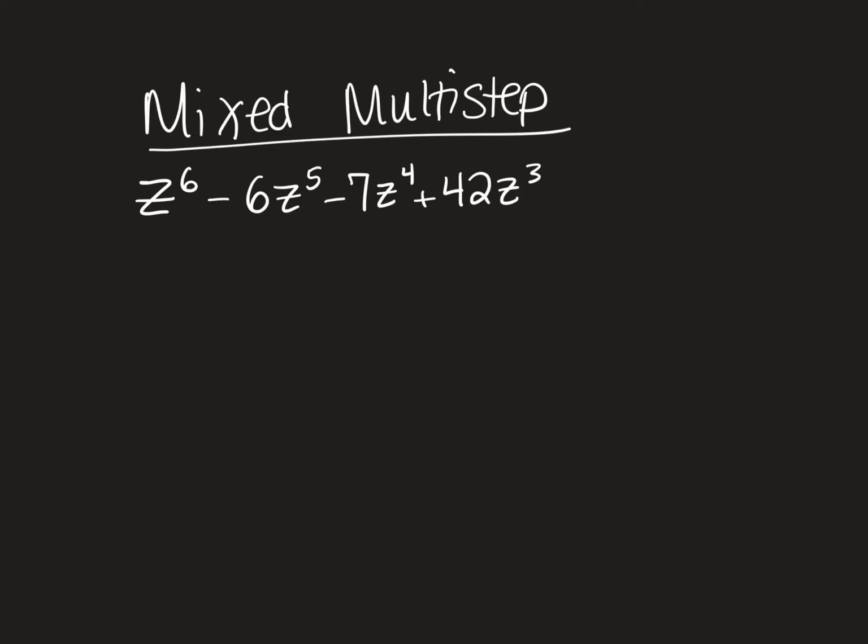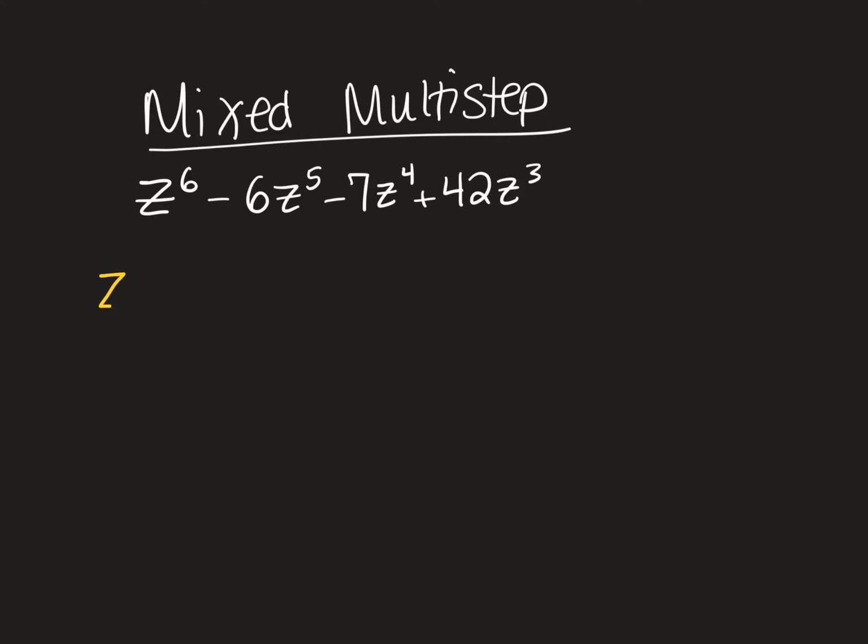So the first thing I would do in a problem like this, I look at the fact that this is not a trinomial. It's not a binomial. I don't necessarily have the tools to factor this. But I can at least recognize that there's a greatest common factor in all of those terms. It's not a number, it's not a coefficient, but there is a greatest common factor of z cubed. So that's what I'm going to start with.